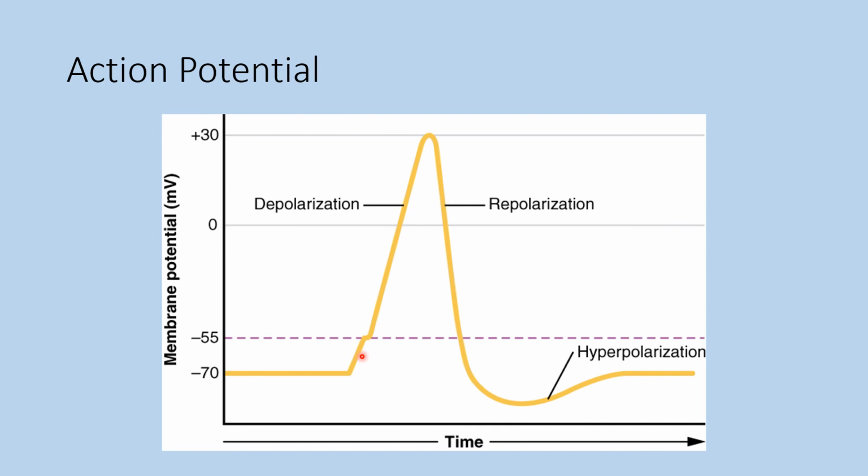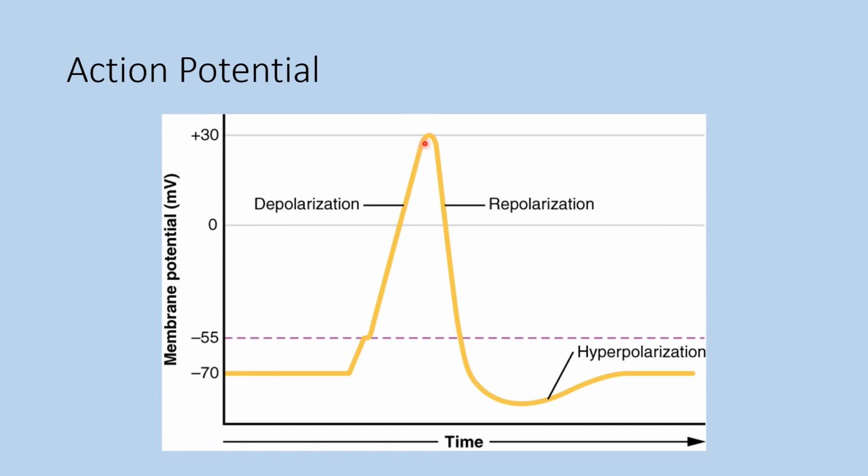That triggered the opening of the sodium gate. So the sodium is coming in, the plus charge, making the inside of the cell more positive. You get more and more positive. That charge triggers the voltage sodium gates to open. So now you have an even more rapid increase or influx of sodium. This is all depolarization. You're becoming more positive.